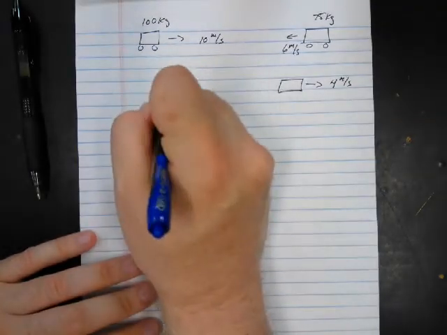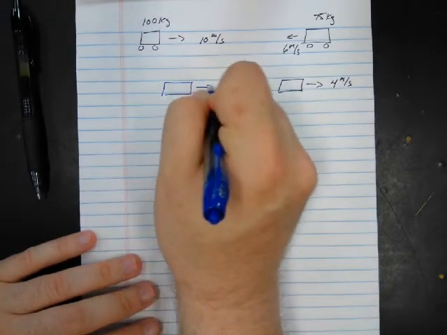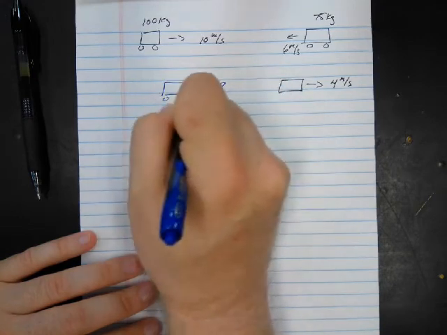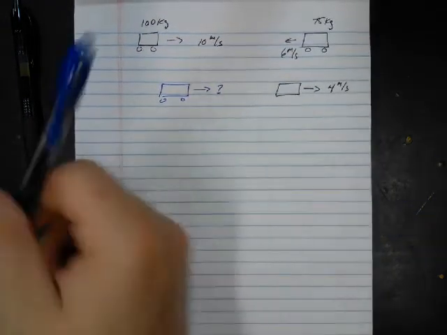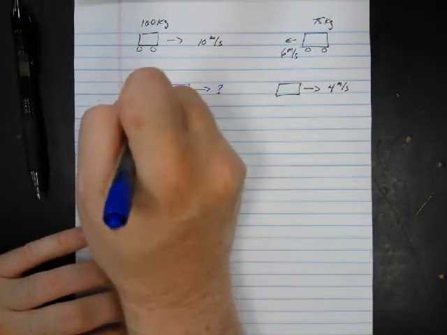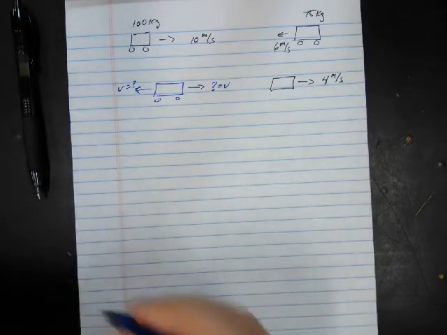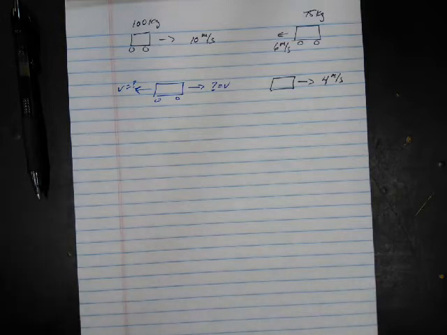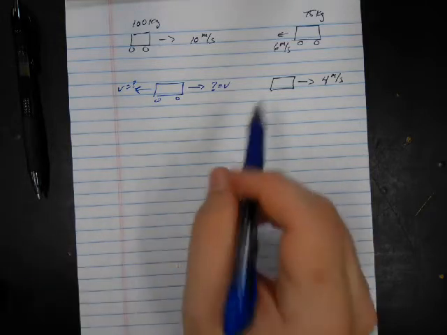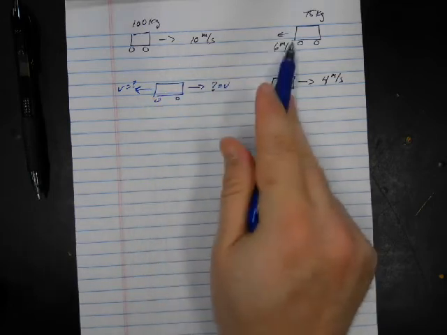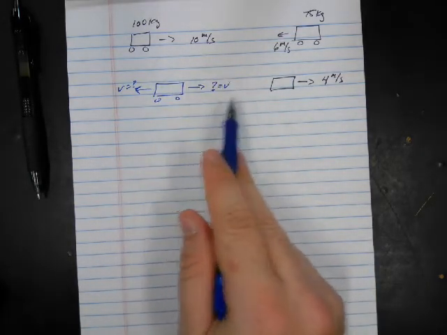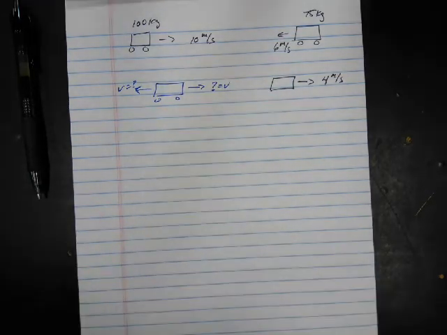There's going to be this cart that we're trying to figure out how fast it's moving. And it might be moving to the right, it might be moving to the left. We don't know. But what we want to do is try to figure out how we can relate this motion before the collision, this motion after the collision.